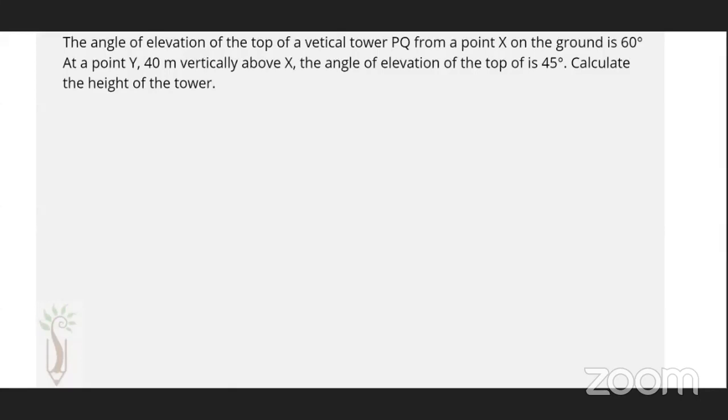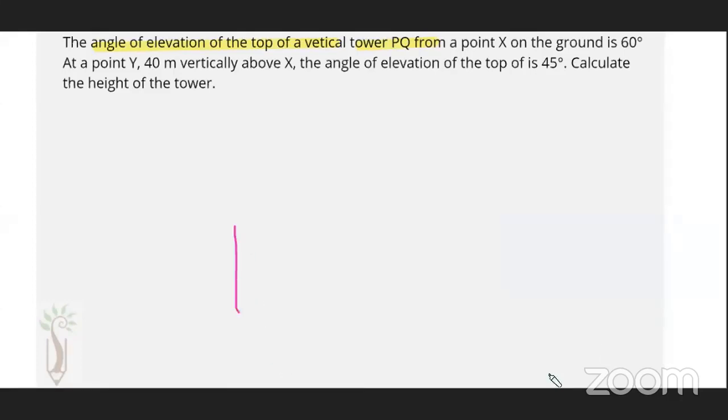All ready? All have read it? Okay, there are three key pieces of information that we have to understand here. The first part is the angle of elevation of the top of the vertical tower. So I have a tower. From here you will also draw it. I'm going to draw it on the board.